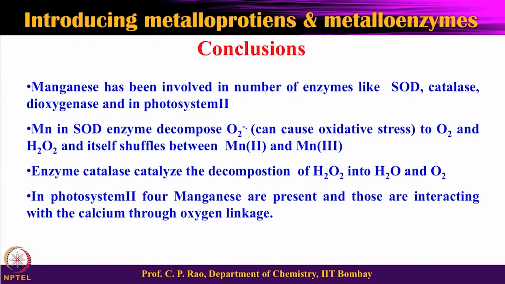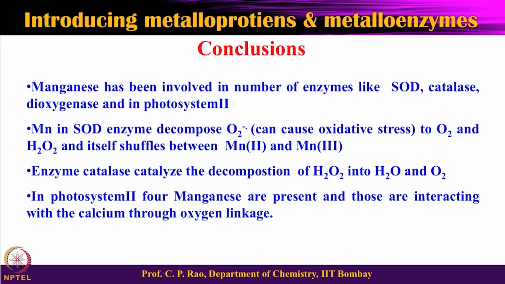There are a variety of redox kind of enzymes, but I have tried to give you only a few of those examples: the ribonucleotide reductase, the superoxide dismutase, the catalase, the photosystem and dioxygenase, of which 3 cases I have explained the mechanism.